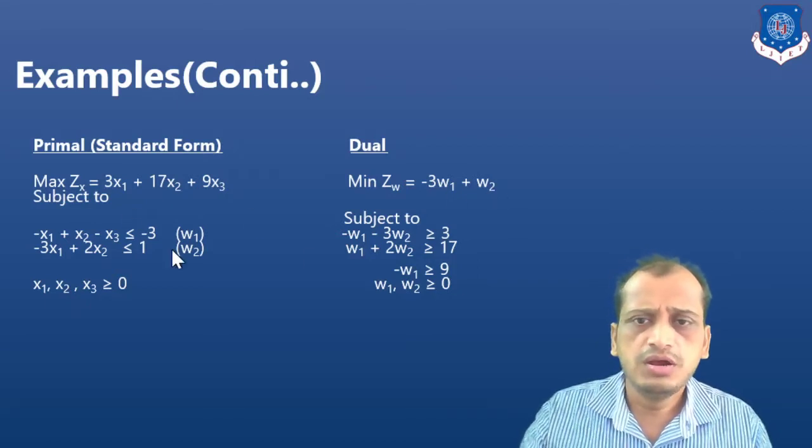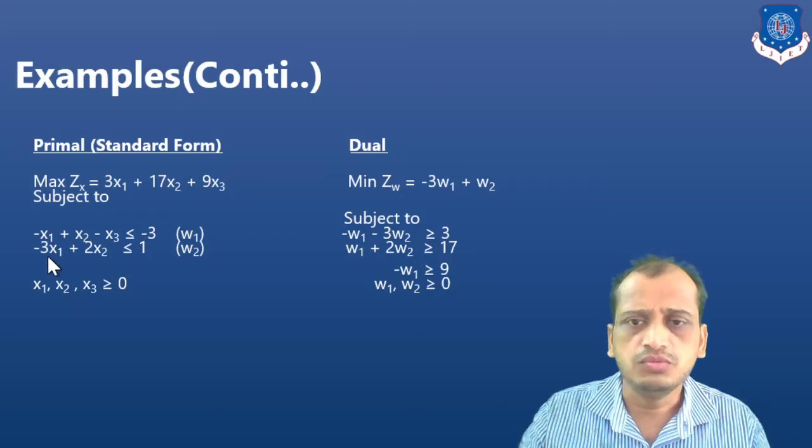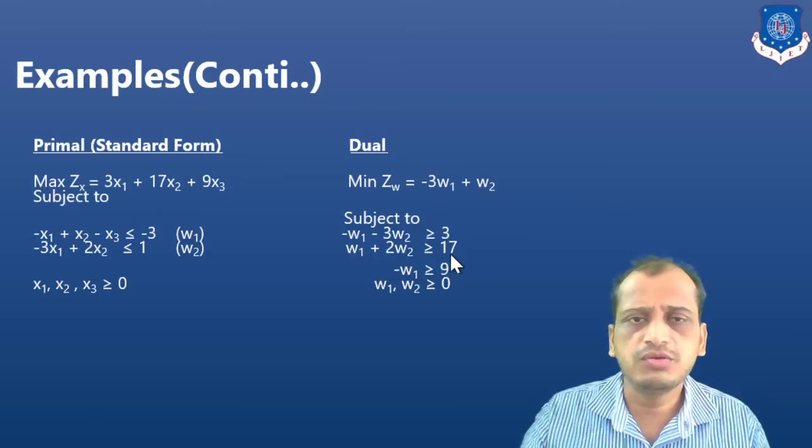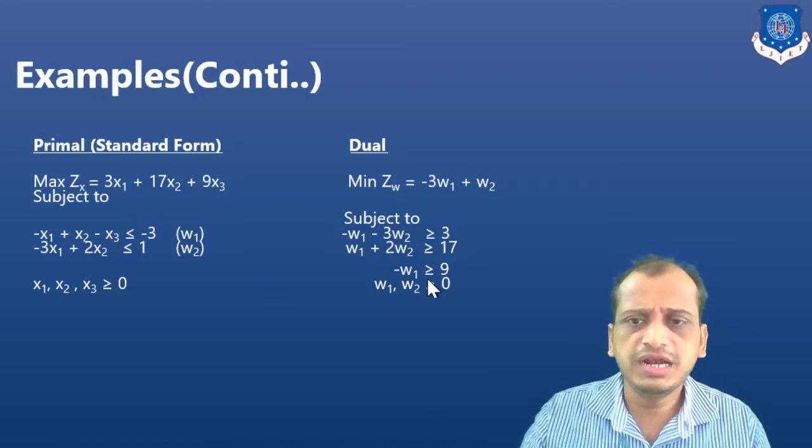Now what about this one? Minus w1 and minus 3w2. Here w1, so minus w1 minus 3w2. In the second constraint, w1 plus 2w2 is greater than or equal to 17. In the same way, for the final one, minus w1 is greater than or equal to 9.